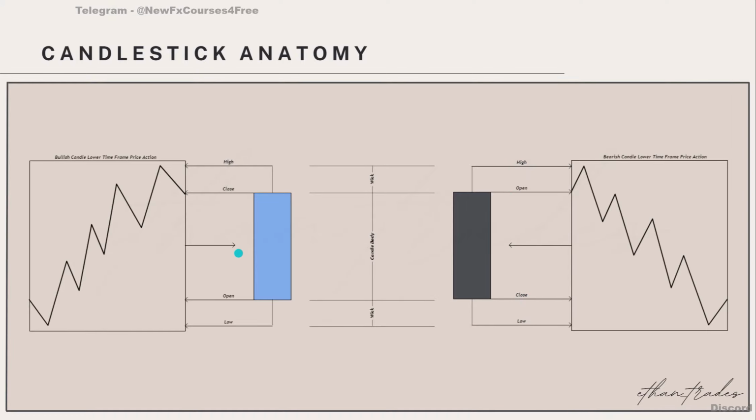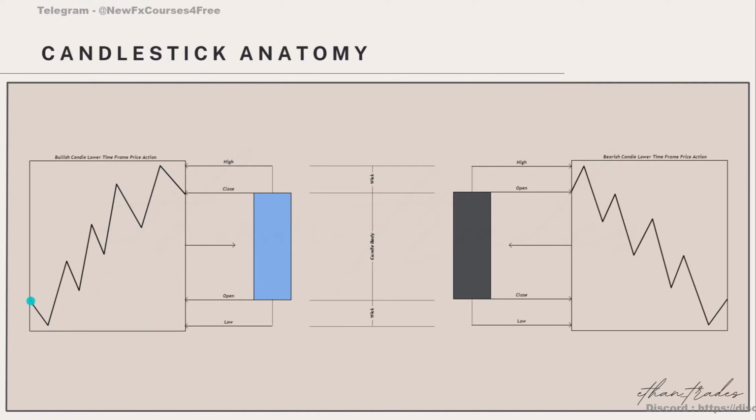If you look at the little schematic I've drawn to the left of the bullish candle, this is to define lower time frame price action within this candle. Let's say this candle is the daily candle, meaning it's 24 hours of trading. When you break that down to the lower time frame, let's say the 15-minute chart, this is the price action that you're going to see on a line chart.